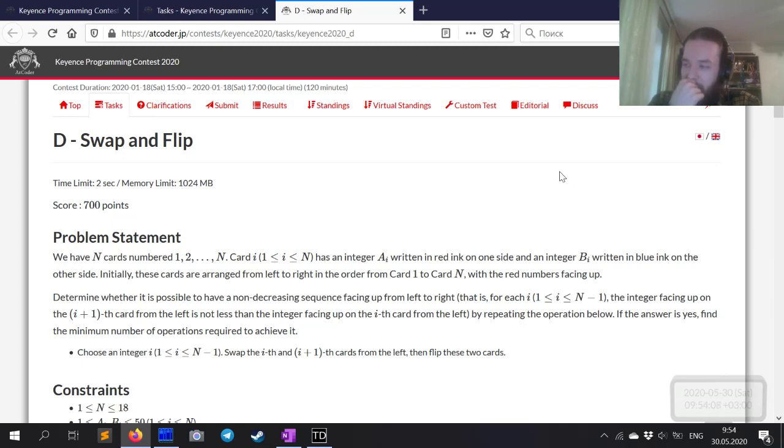So if we swap 2 cards, they become in inversion, and by inversion I mean they are not in the same order as before, and their color is flipped.